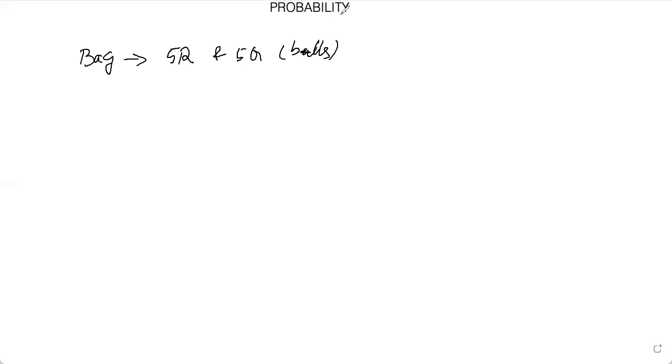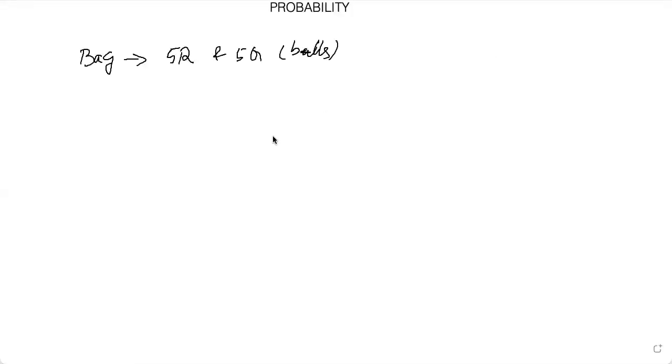Now suppose we open the bag and randomly pick a ball without looking. So what is the probability of picking a green ball? Let us understand how to calculate the probability.